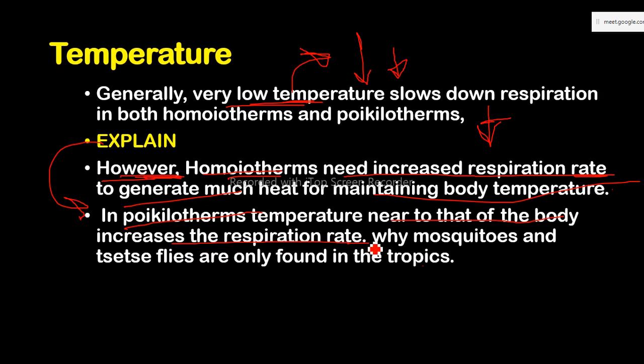And if the rate of respiration increases, then the organisms become active. That's actually why mosquitoes and flies you cannot find in Europe. Why not Europe? The temperature there fluctuates a lot. This time you have summer, next time you have winter. So these organisms that cannot control their internal temperature can't survive there. They will survive in the tropics, in Africa.